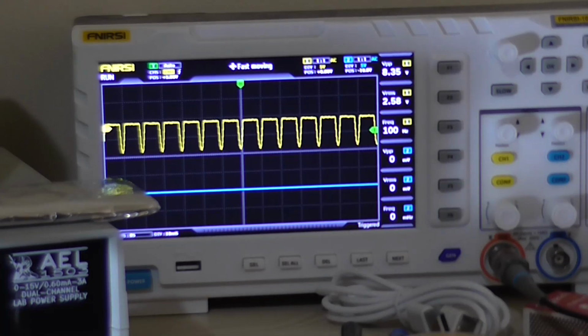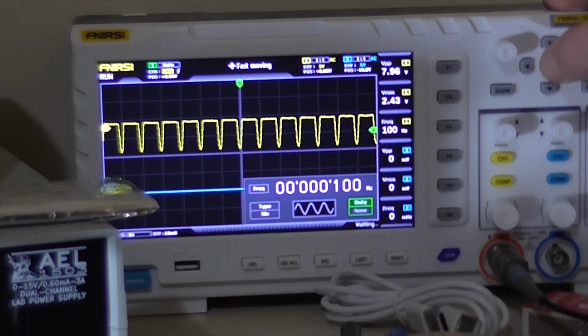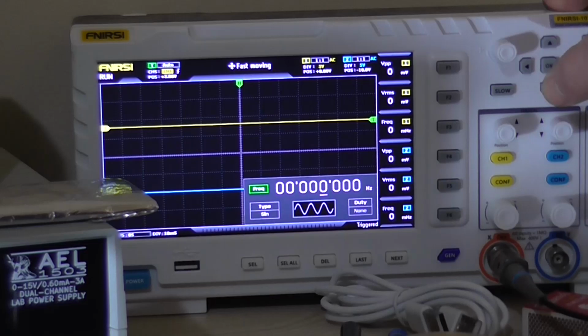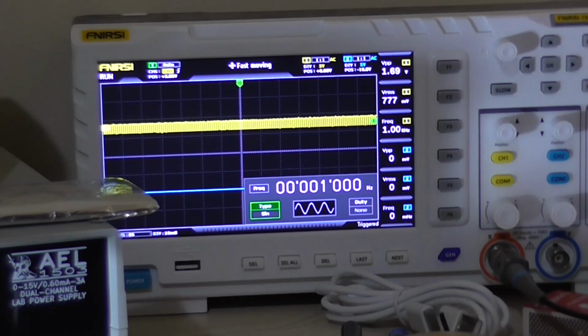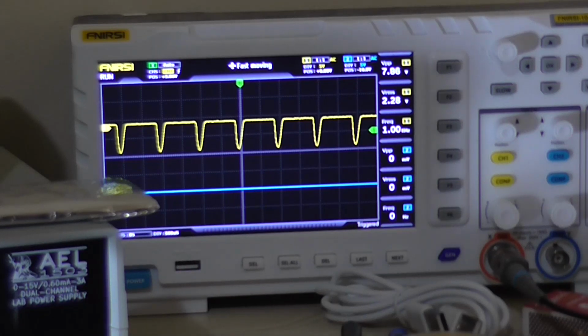Let me change the frequency of the generator, because the time base of this to get it to display properly is a pain in the rear. Okay. That's a little bit faster of an update. Alright. According to what's at the collector, we've got 9.75 volt peak to peak.